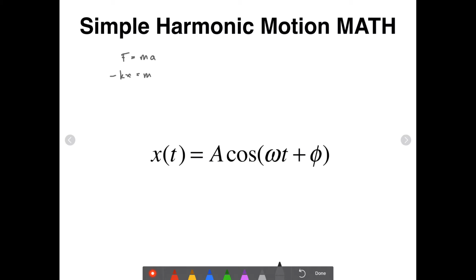And we also know that mass stays the same, that's a constant, but acceleration is d squared x over dt squared. So this thing becomes a differential equation, and we're going to rearrange it so we get d squared x over dt squared is equal to negative k over m times x. All right?